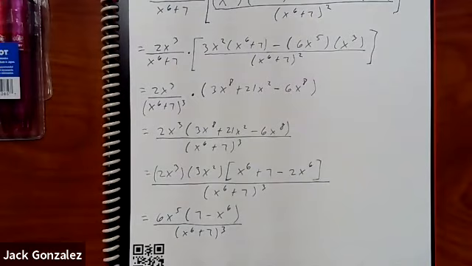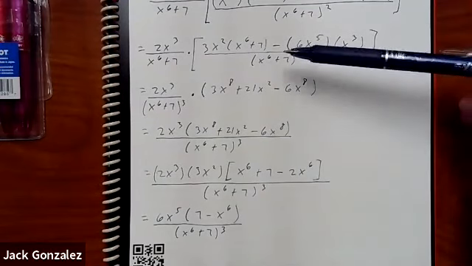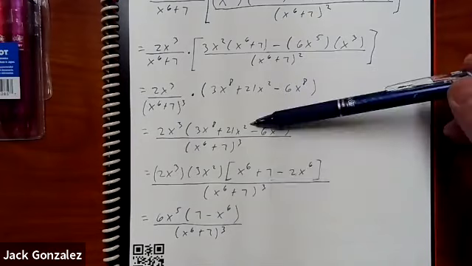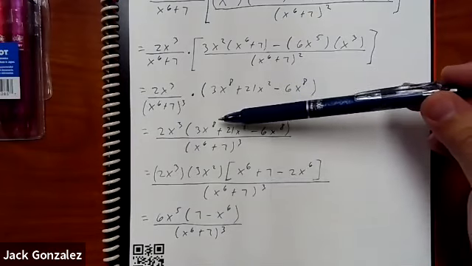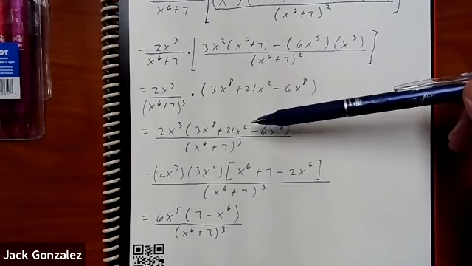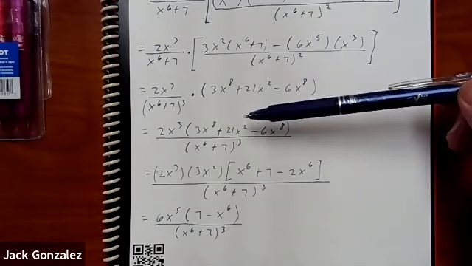So for that 3x to the 8, how did you get 3x squared again? It's like third from the bottom up. How did I do it? Sorry. So you got 3x to the 8 plus 21x squared minus 6x to the 8. How did you get that to 3x squared?